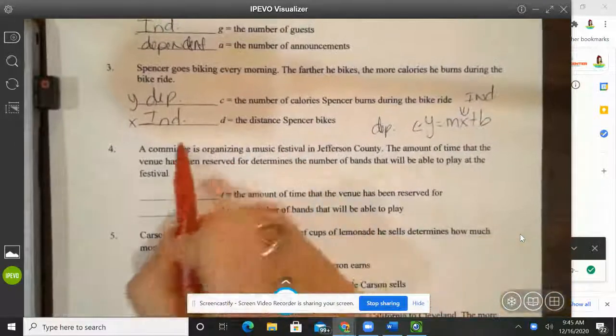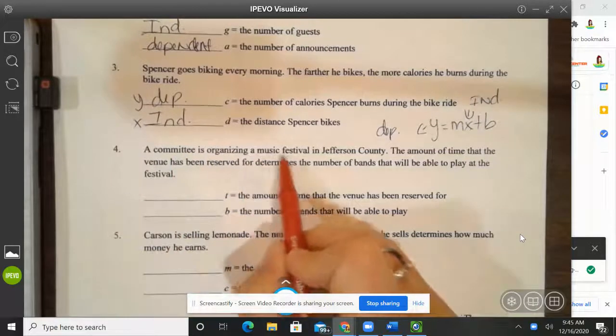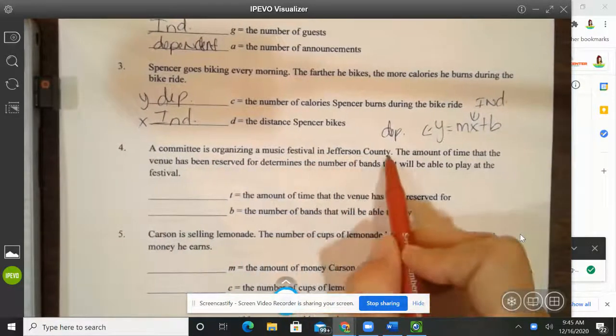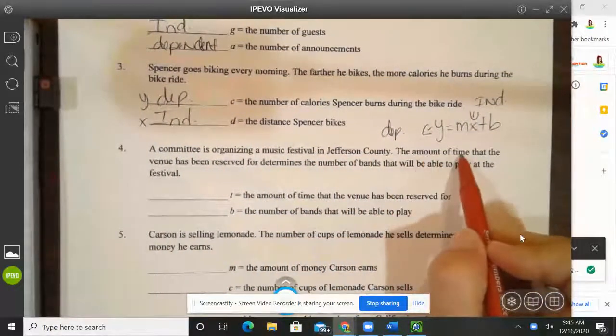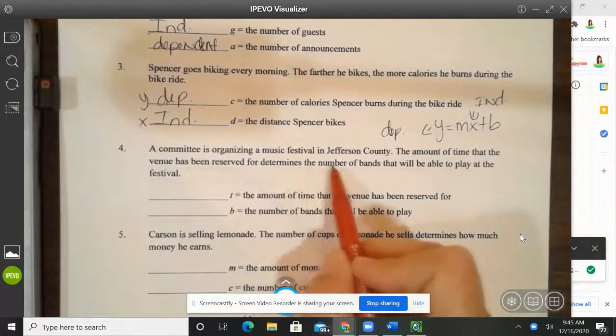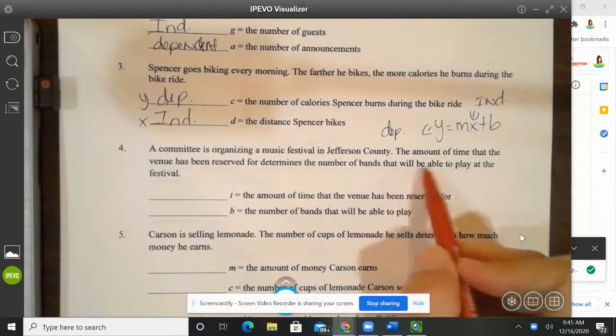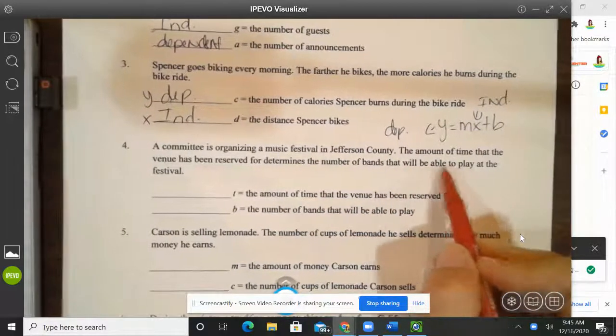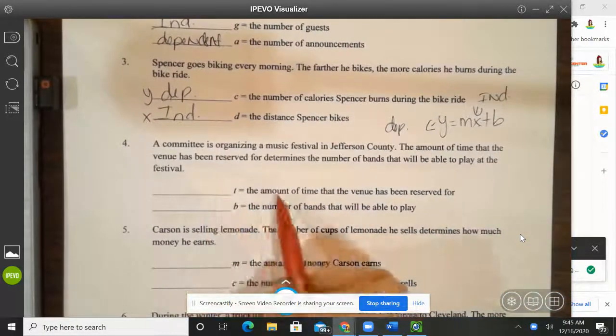Okay. A committee is organizing a music festival in Jefferson County. The amount of time that the venue has been reserved for determines the number of bands that will be able to play at the festival.